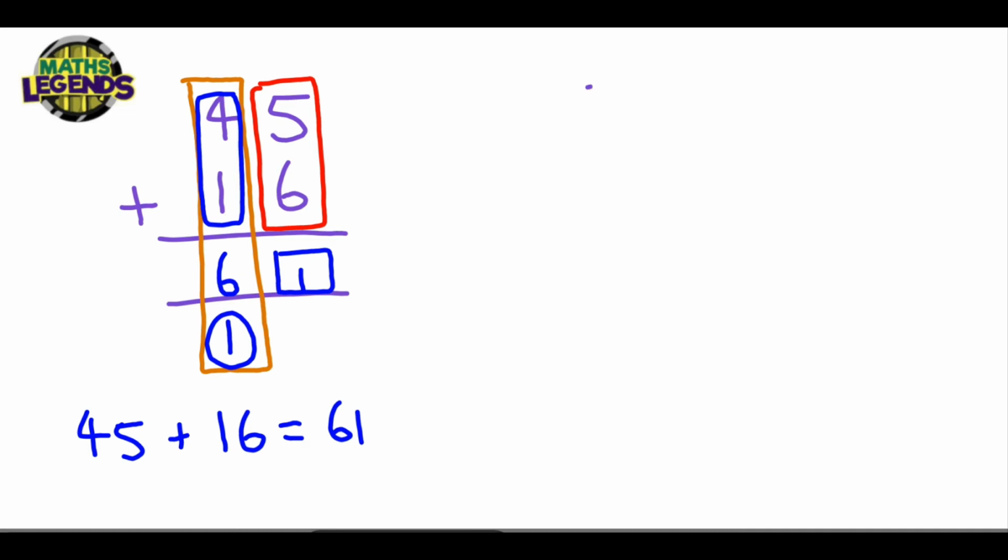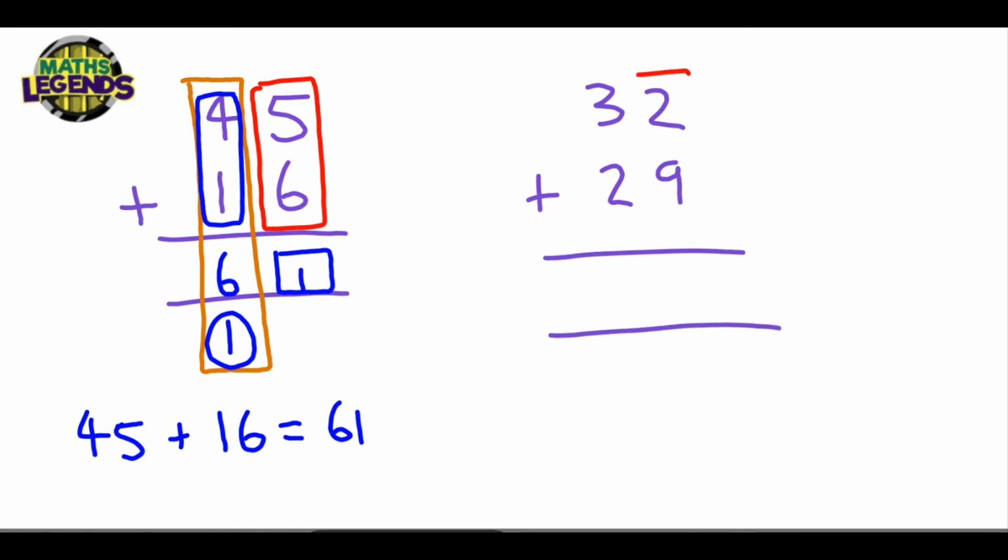Let's do one more that works in a similar manner. So let's say 32 add 29. So again, we start with the right-hand side column, which is 2 add 9. That becomes 11. So again, we put this as follows in the same format. And then we add the next column along.